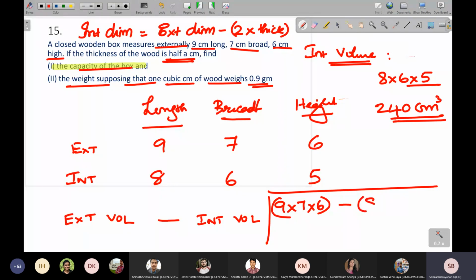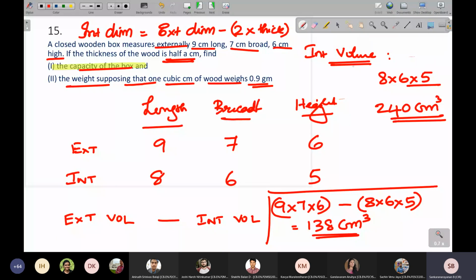Once you finish this calculation, this volume corresponds to 138 centimeter cube. Is it clear to you? 138 centimeter cube is the amount of wood that is being used.